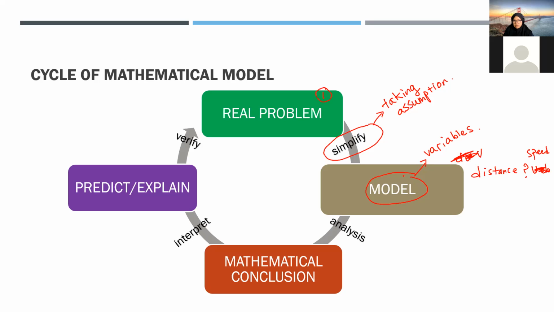If the speed is high, should the distance be wider, and so on? So you need to consider two variables, one independent and the other dependent, and find the relationship. So once we have the relationship, we need to do the analysis.